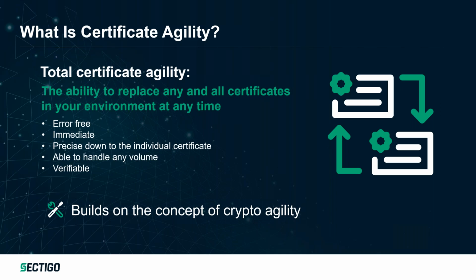It needs to be error-free, immediate, precisely controllable, down to the individual certificate, but also available at any volume, up to including all of your certificates, and verifiable. You need to be able to know and demonstrate and prove, to the satisfaction of yourself or an interested outside party, that it has actually occurred.